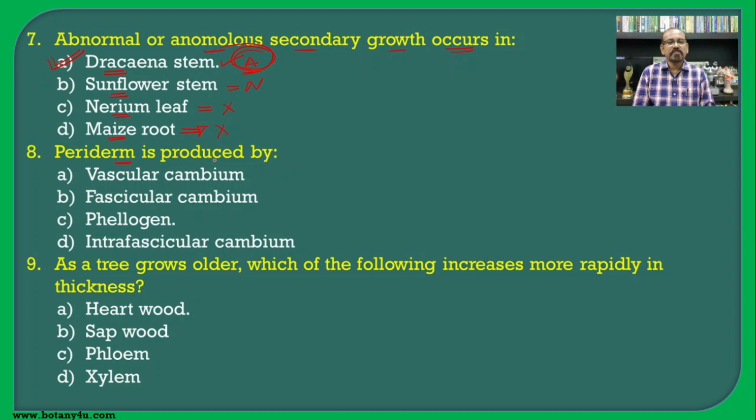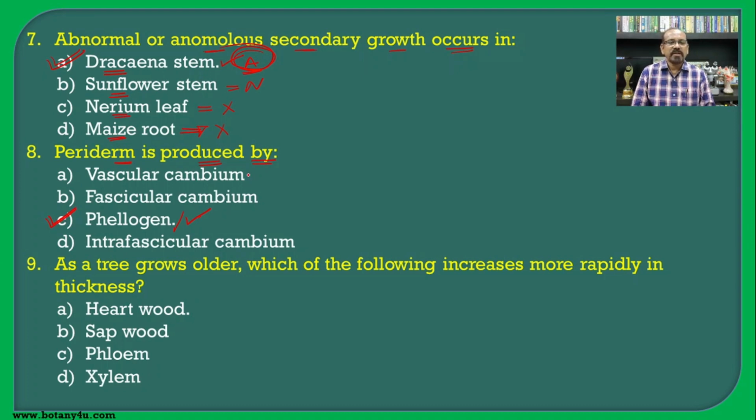Then periderm is produced by, as earlier we have seen, the cork cambium, which is responsible for the formation of the periderm, and this cork cambium is also known as the phellogen, and hence the phellogen becomes the answer for this question.